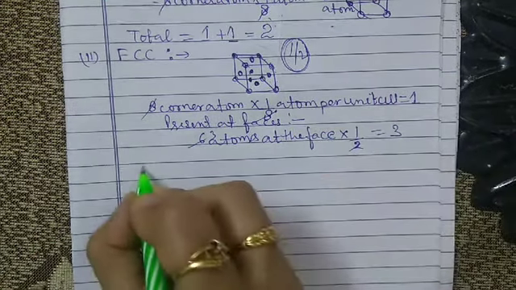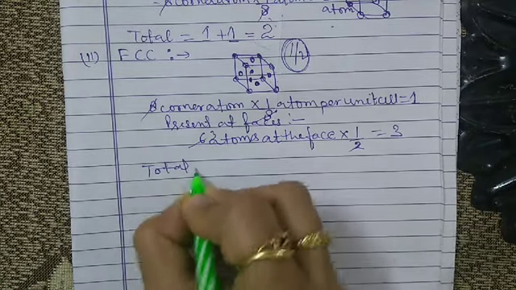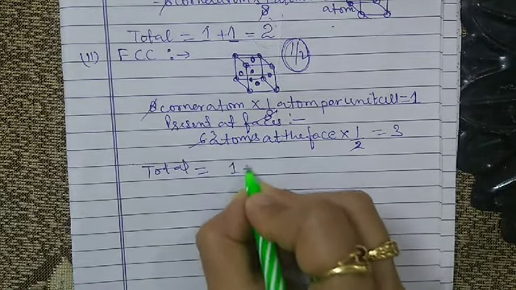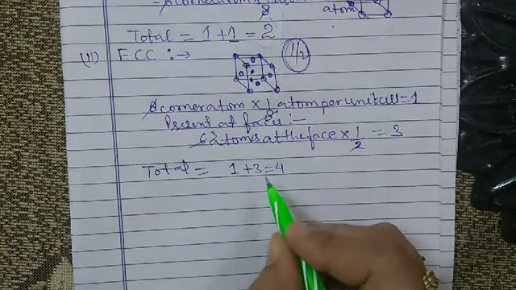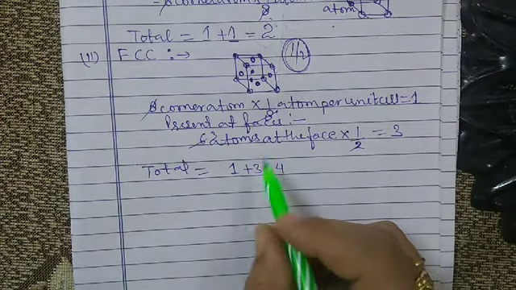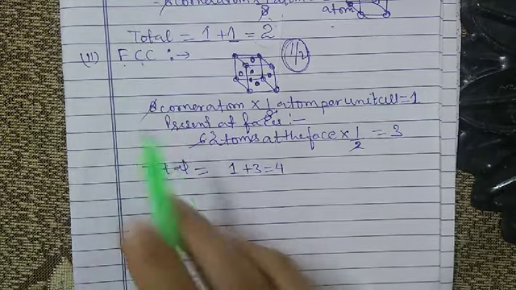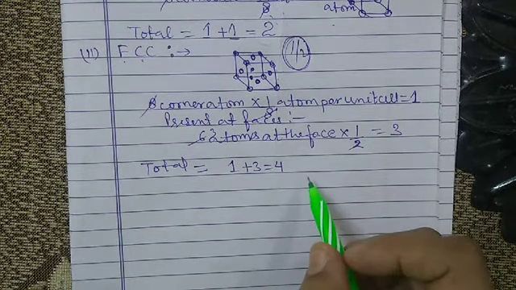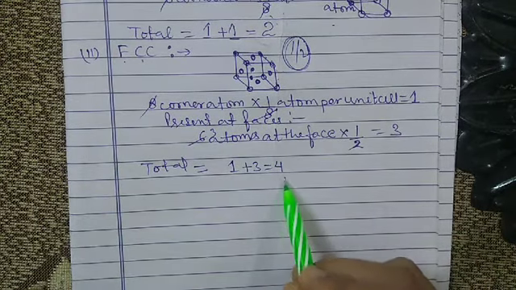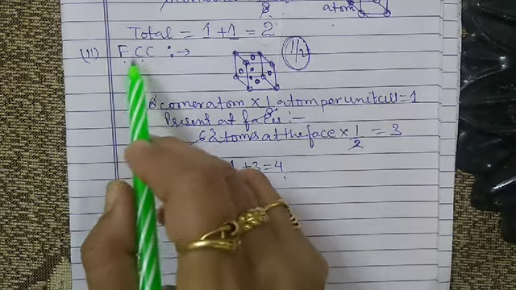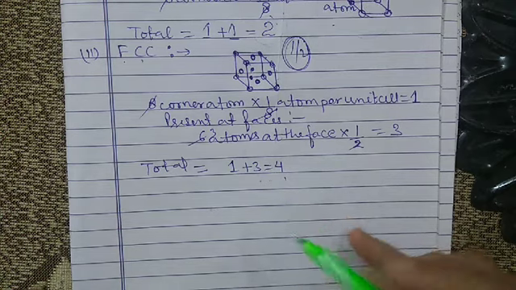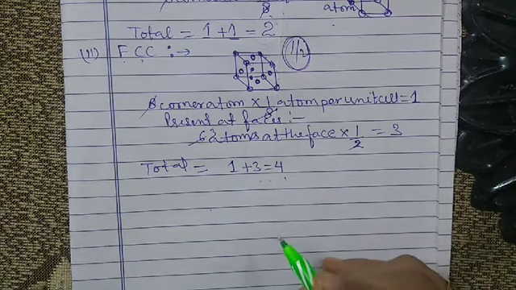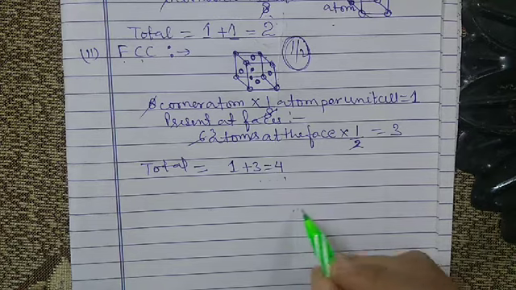Now the total is 1 plus 3, which is equal to 4. So the total number of atoms in the FCC arrangement, the face centered cubic unit cell, where C stands for cubic, is 4 atoms per unit cell.